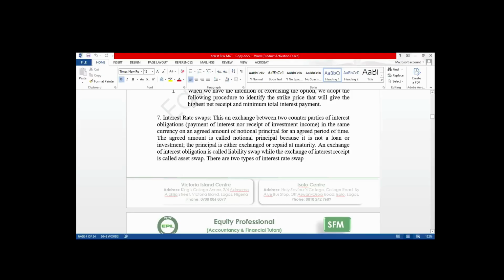Interest rate swap is an exchange between two counterparties of interest rate obligation in the same currency on an agreed amount of notional principal.